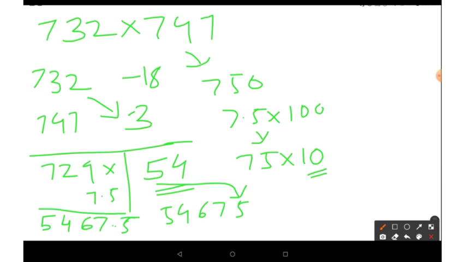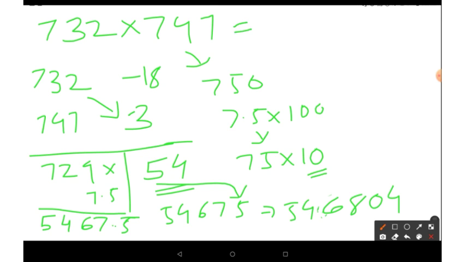When you carry forward your 5 here, you will get 54680 and this 4.